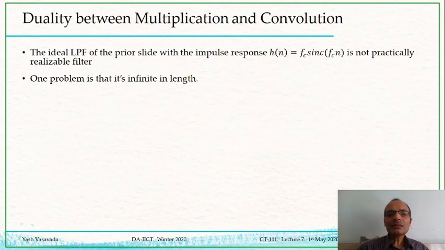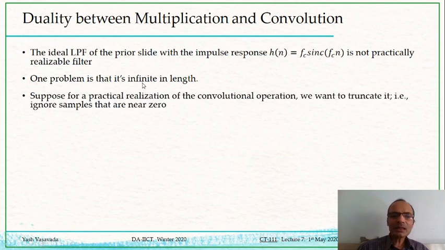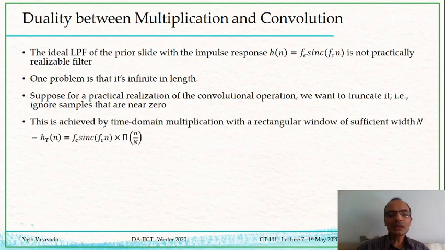So maybe this is not that big of a problem, although the sinc function is infinite in length. Maybe we can just ignore some samples that are quite close to zero. How do we ignore some samples of sinc which are close to zero?